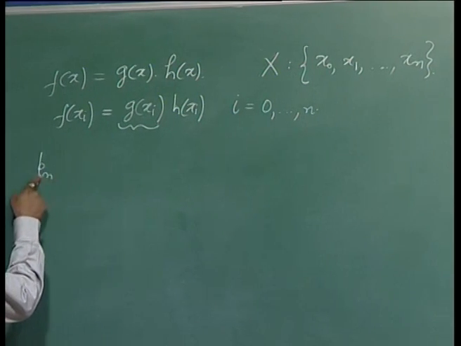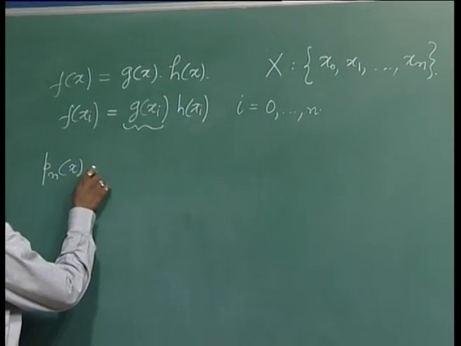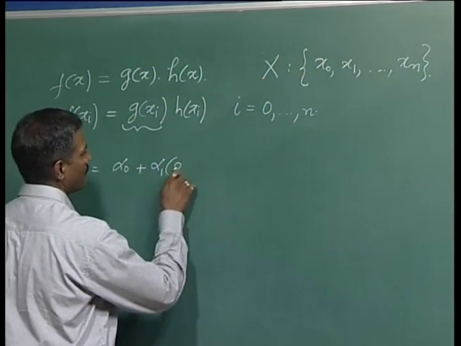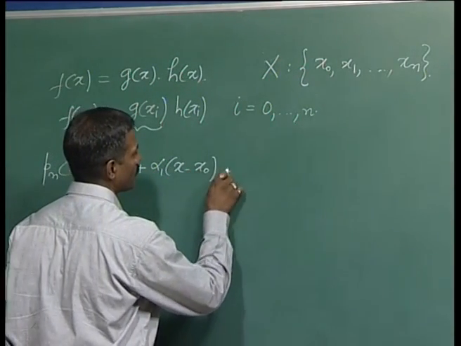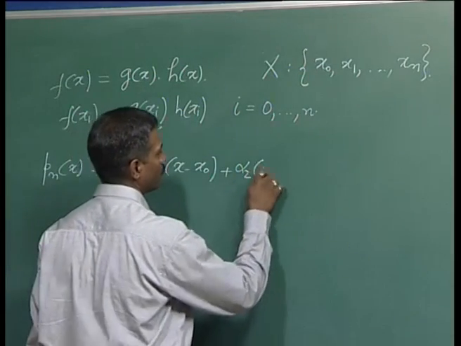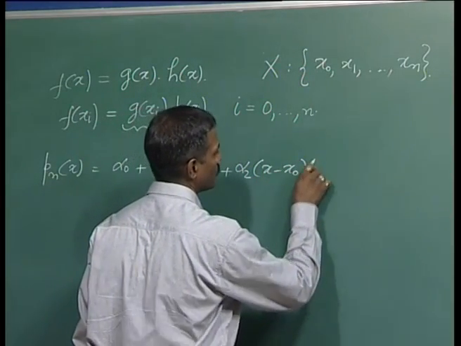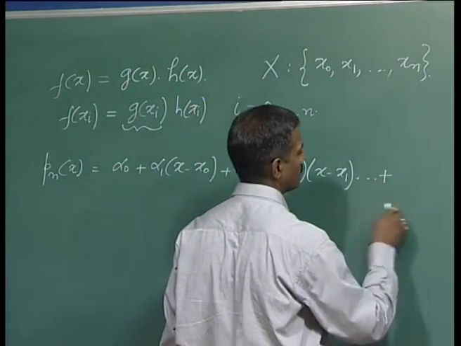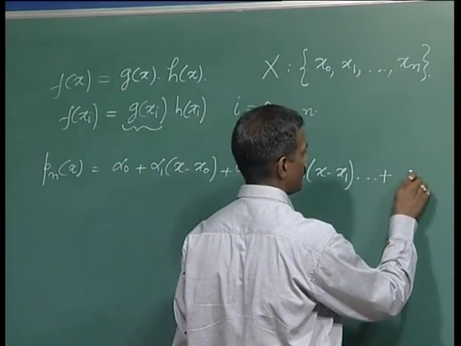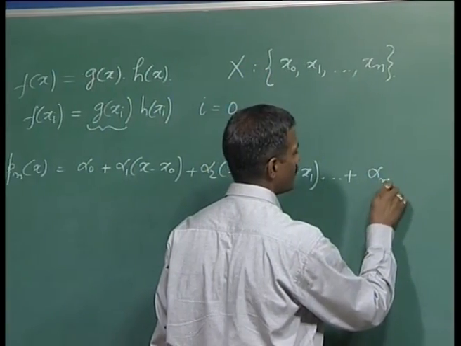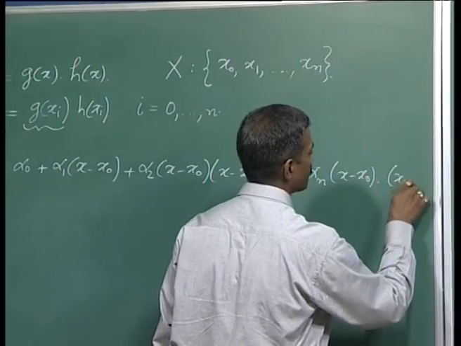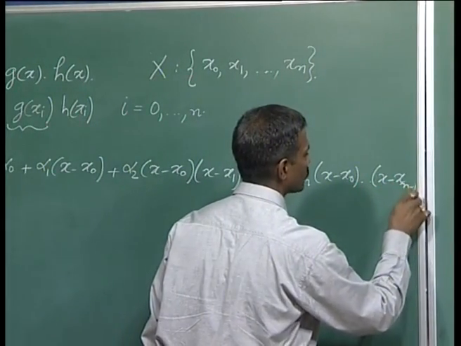A polynomial of degree n in x is given by alpha 0 plus alpha 1 (x minus x0) plus alpha 2 (x minus x0)(x minus x1) plus, up to alpha n (x minus x0) up to (x minus x_{n-1}).